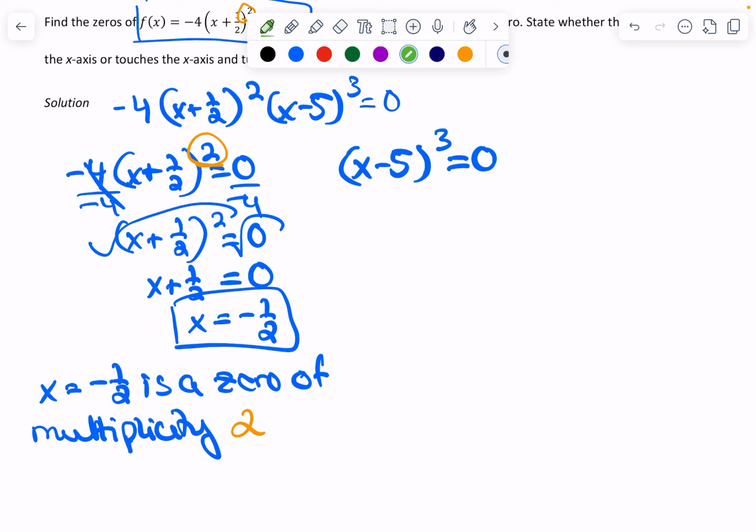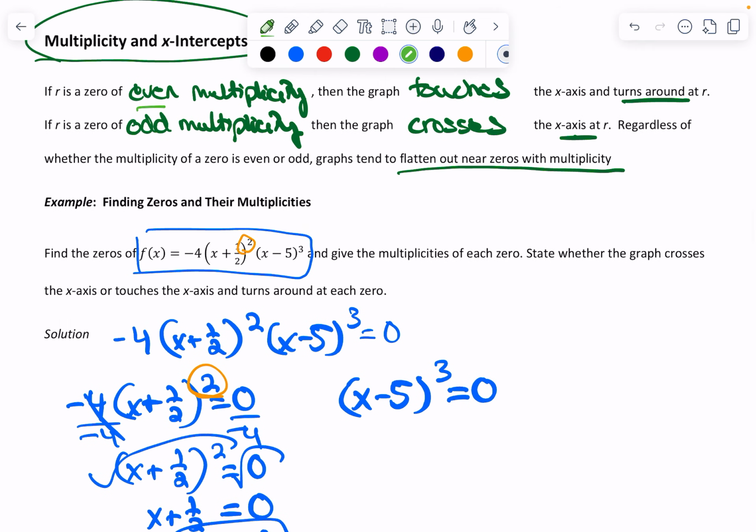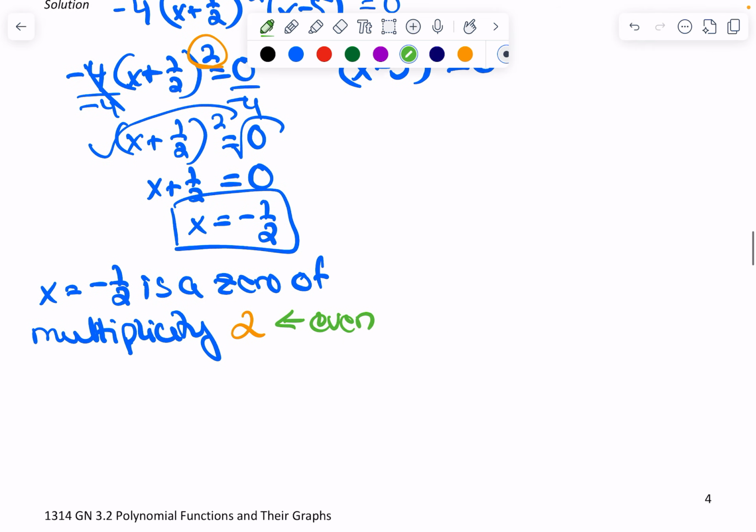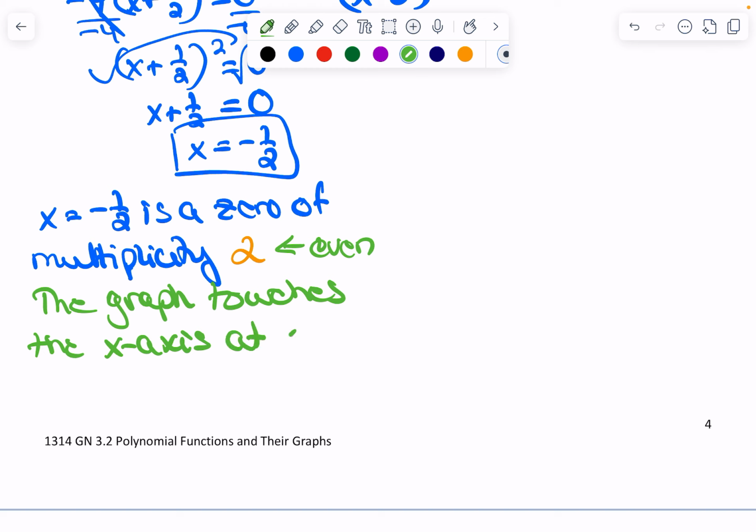That means that this is even. So when we go back and look, even multiplicity touches the x-axis and turns around. So the graph touches the x-axis at x equals negative half and turns back.